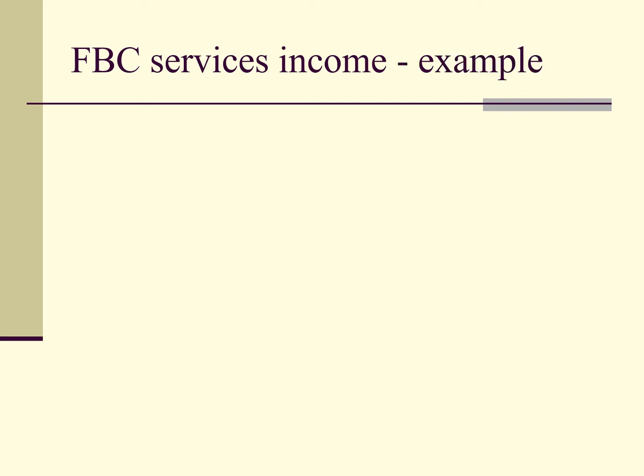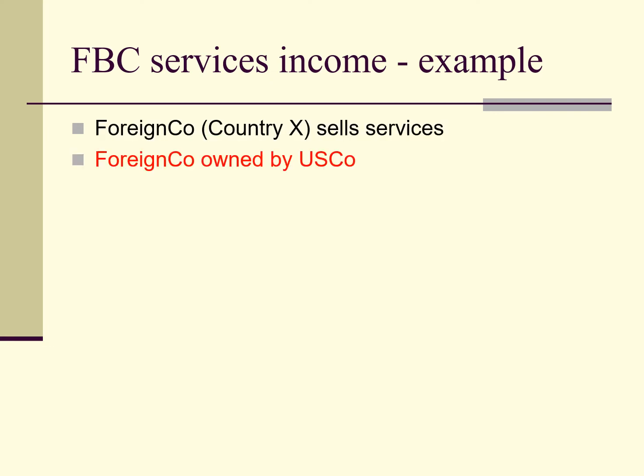Here's an example of FBC Services Income. Ford & Co. is a Country X corporation organized to perform certain online services. Ford & Co. is owned by USCO, a U.S. corporation. USCO sells computer software.